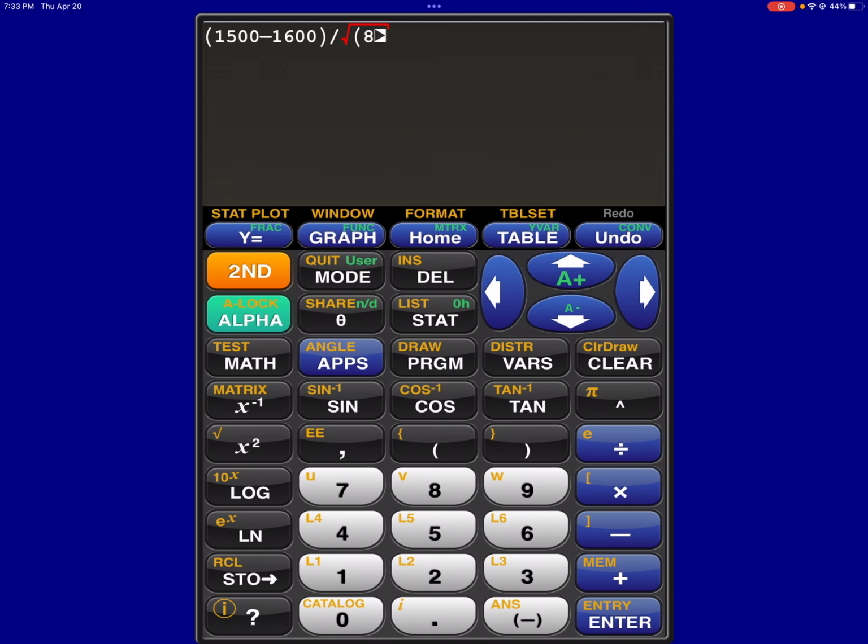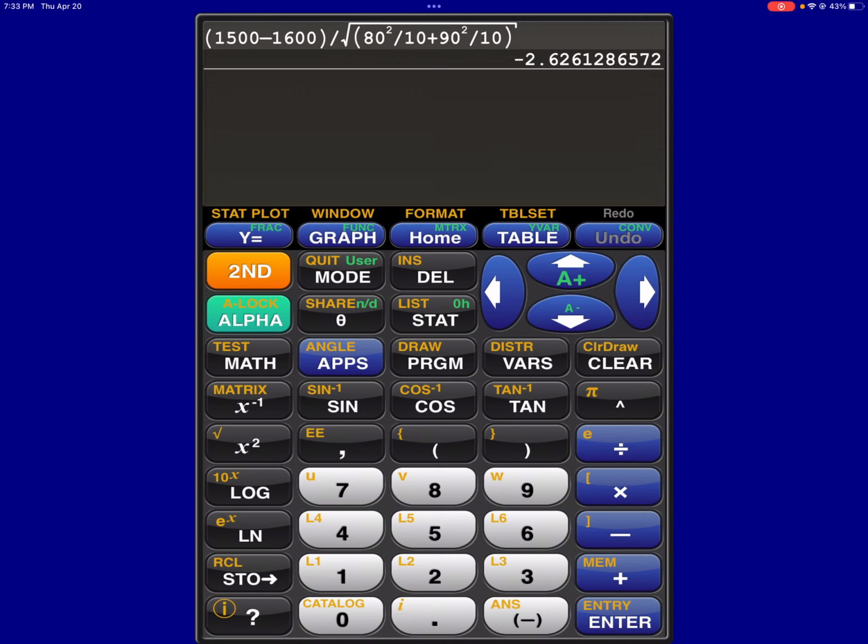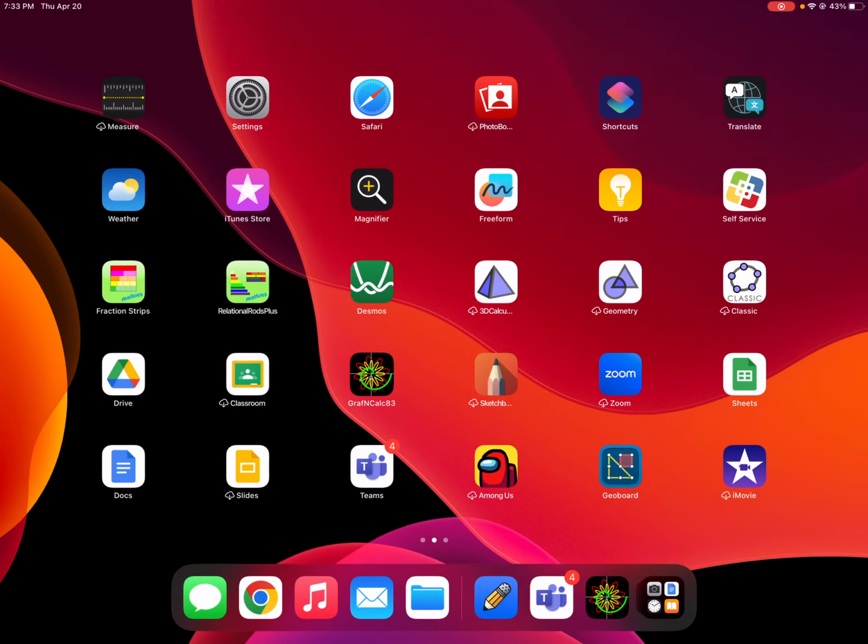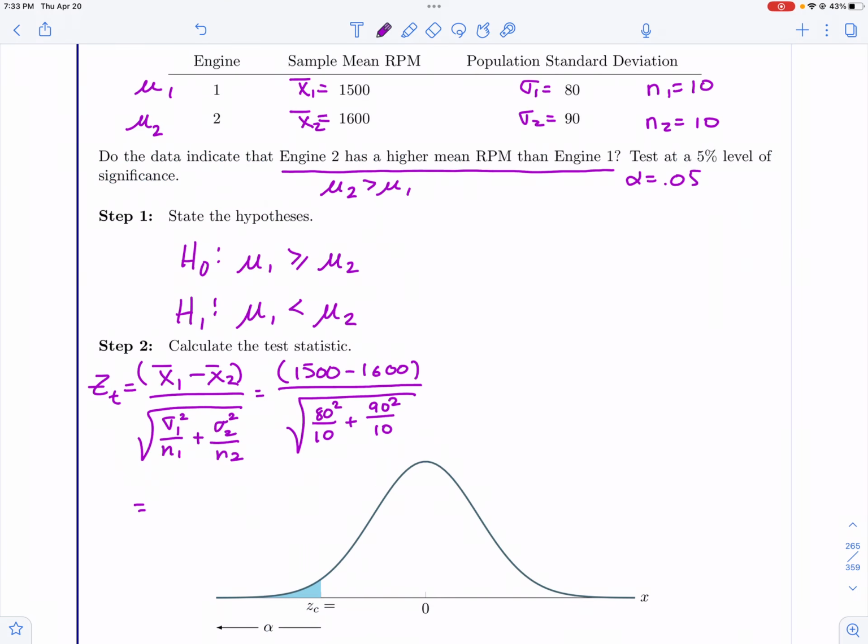So my 80 squared divided by 10 plus my 90 squared all divided by 10, and then close the parentheses, and then if we hit enter, it looks like our z sub t is negative 2.62, or 63, sorry. So our z sub t is negative 2.63.